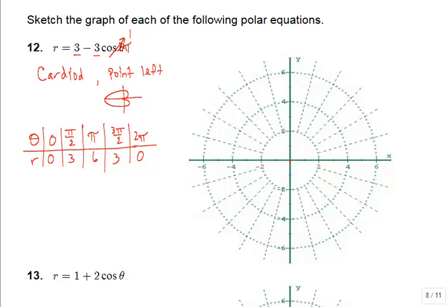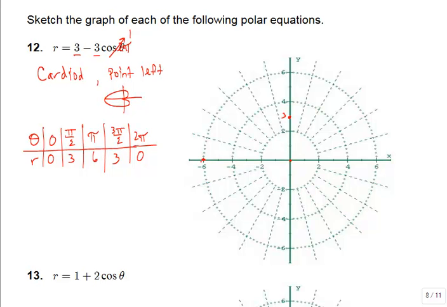Now if I go to pi over 2, that's 90 degrees up here. So we're supposed to be along this ray, and we want to go out along it a distance of 3, which would be right here. Then at pi, an angle of pi is over here along this ray, and we want to go out a distance of 6.